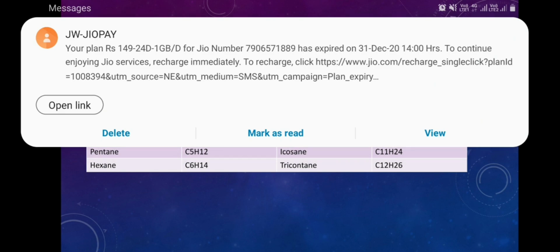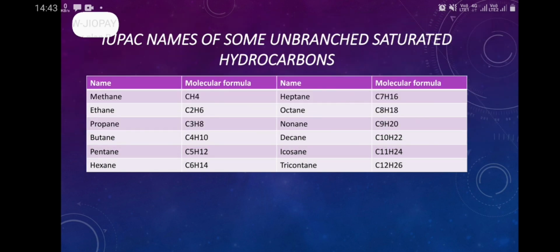Except for aromatic compounds, unsaturated hydrocarbons are most reactive and undergo multiple reactions at their multiple bonds. Here in this table we can see methane, ethane, propane, butane, pentane, hexane, heptane, octane, nonane, decane, icosane, and their molecular formulas.